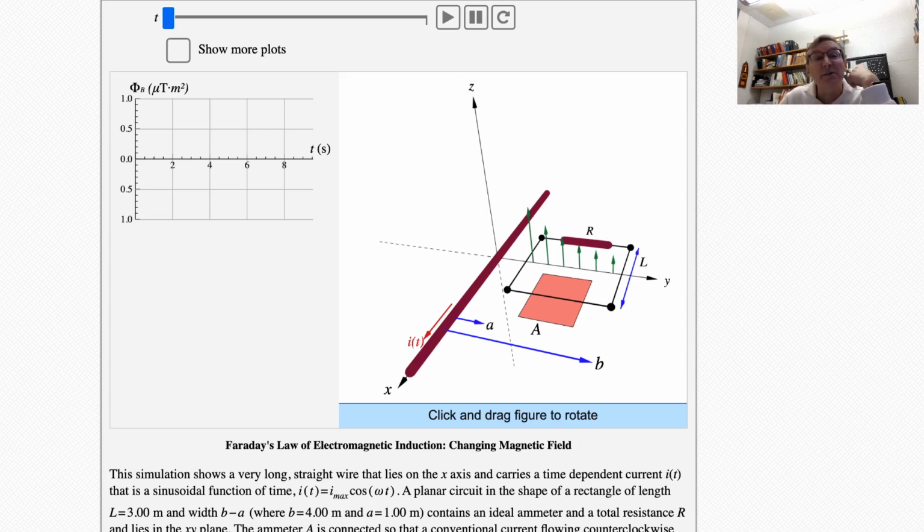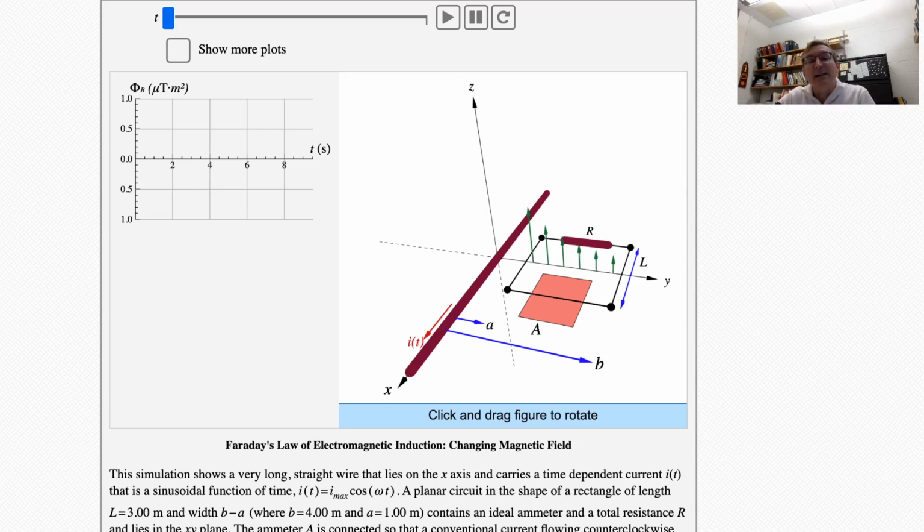It's going to be a sinusoidal, this current, function of time in the wire. Just to the right of the wire is a rectangular loop made of wires and a resistor, and that pink box labeled A is a device called an ammeter that will measure current in that loop if there is any.